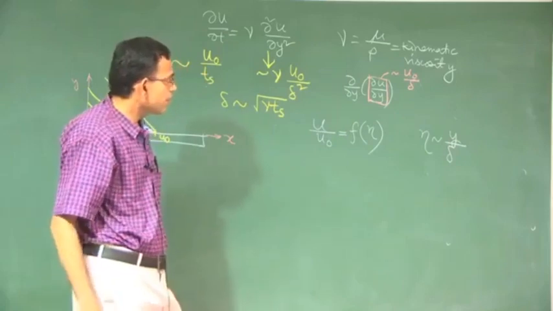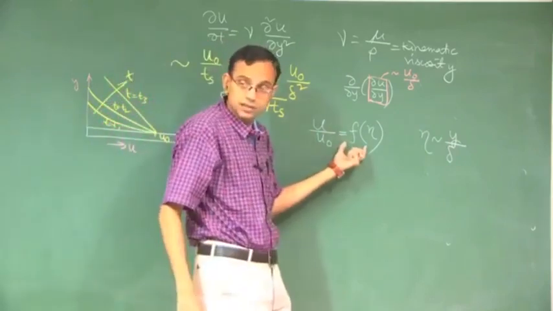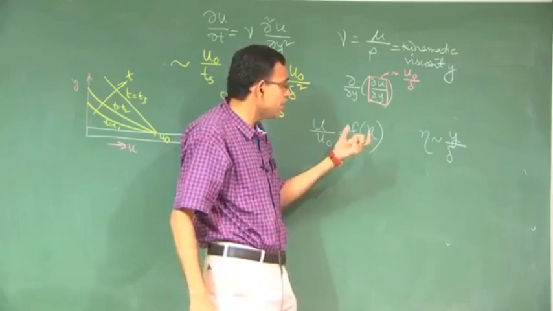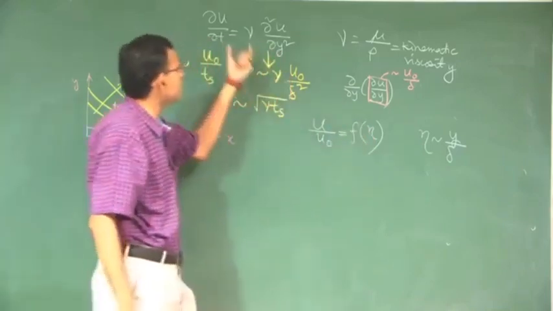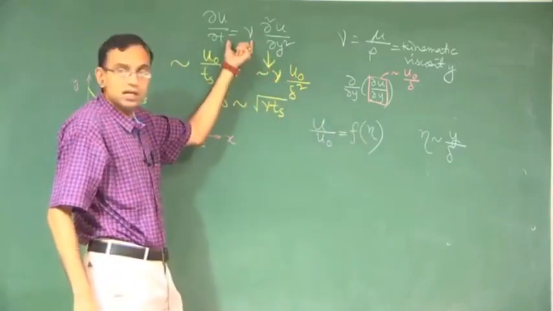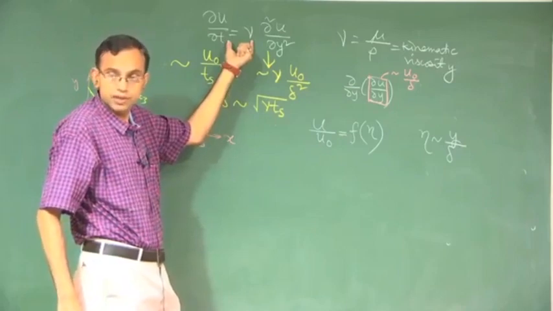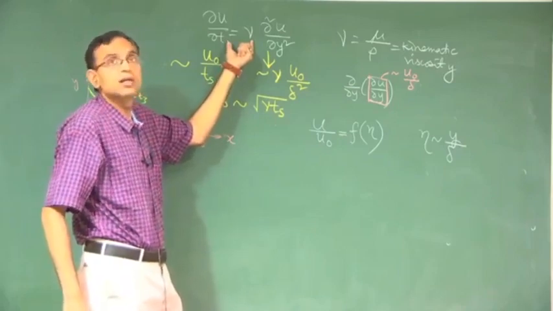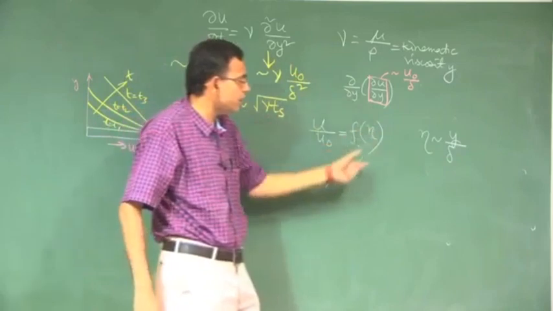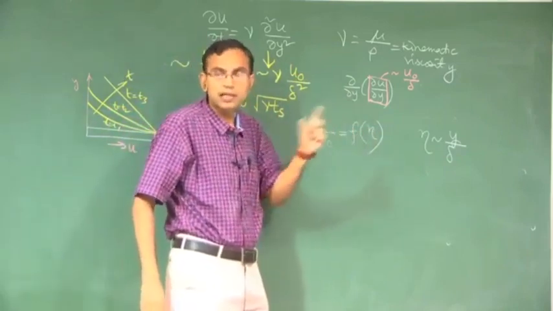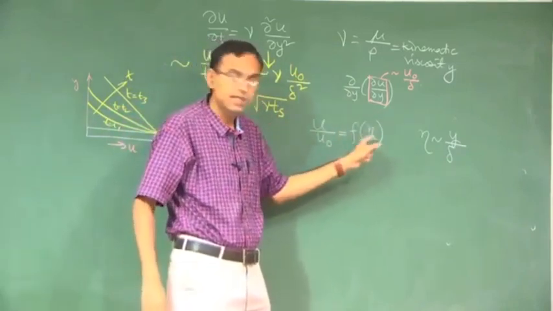Okay. This is your expectation, and this expectation will be true if you can convert this partial differential equation into an ordinary differential equation. If you are not in a position to convert this, then such a similarity does not exist.